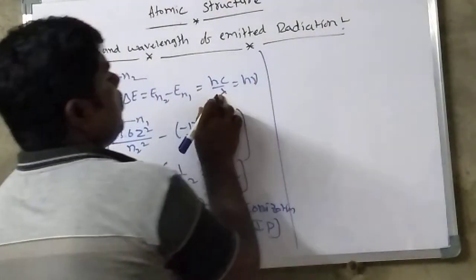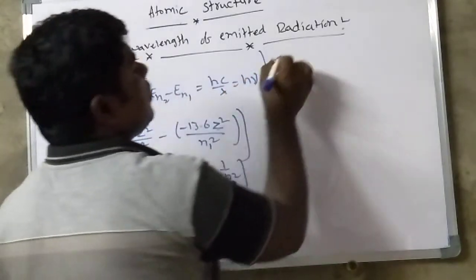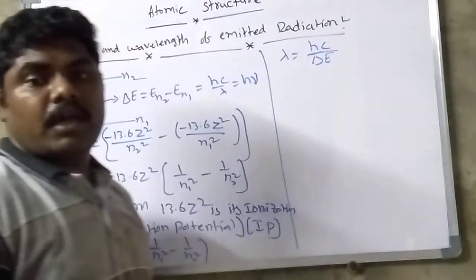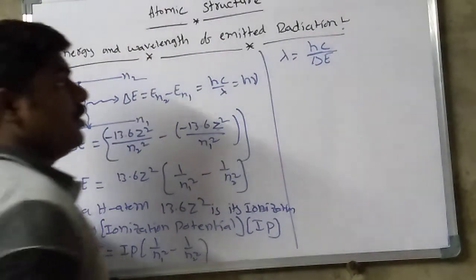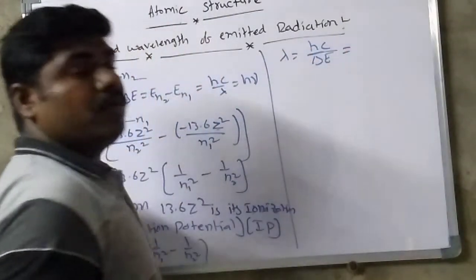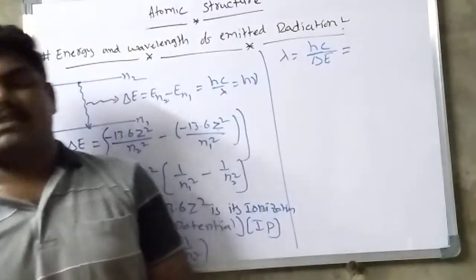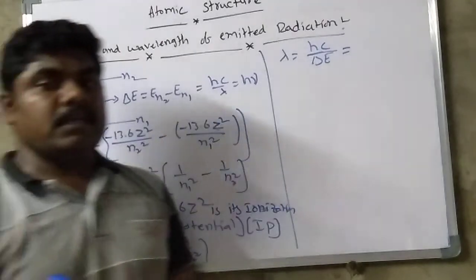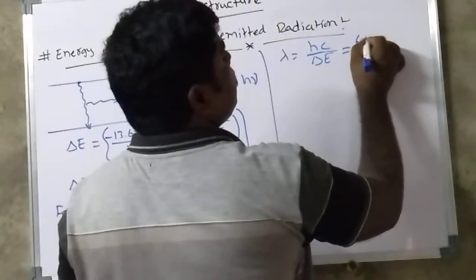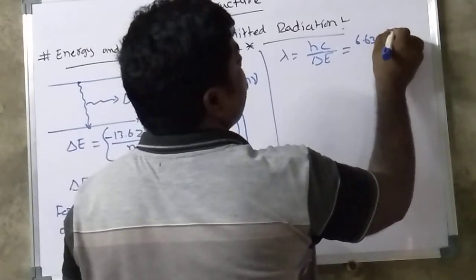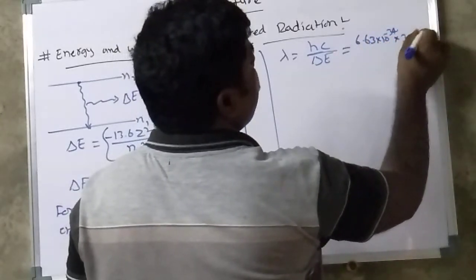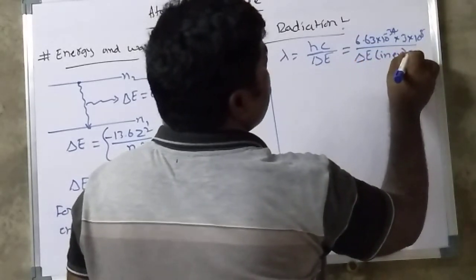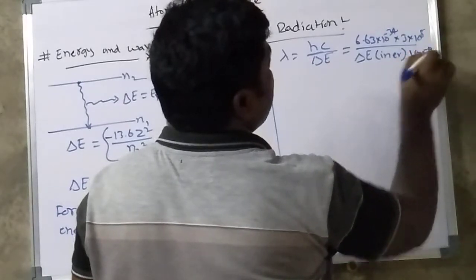From this, lambda is equal to hc by the change in energy. The value of h, the Planck constant, is 6.63 into 10 to the power of minus 34, and c is 3 into 10 to the power of 8, divided by delta E. Convert into electron volt, which means multiply by 1.6 into 10 to the power of minus 19.